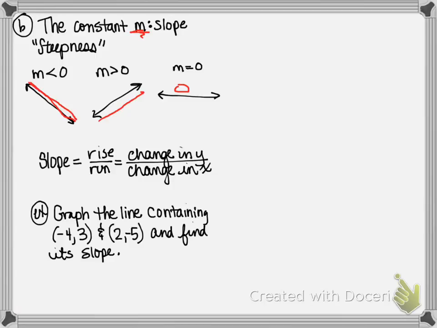You should remember also that a vertical line has an undefined slope, or no slope. Remember, we draw Mr. Slope Man.